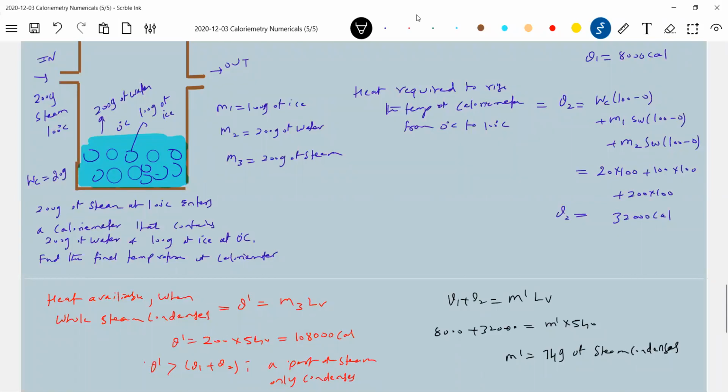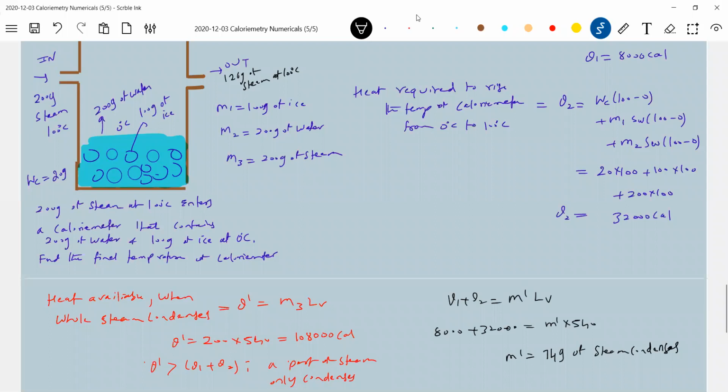What shall we do with this? 74 grams of steam condenses, so how much of the steam will go out? 126 grams of steam at 100 degrees will come out.